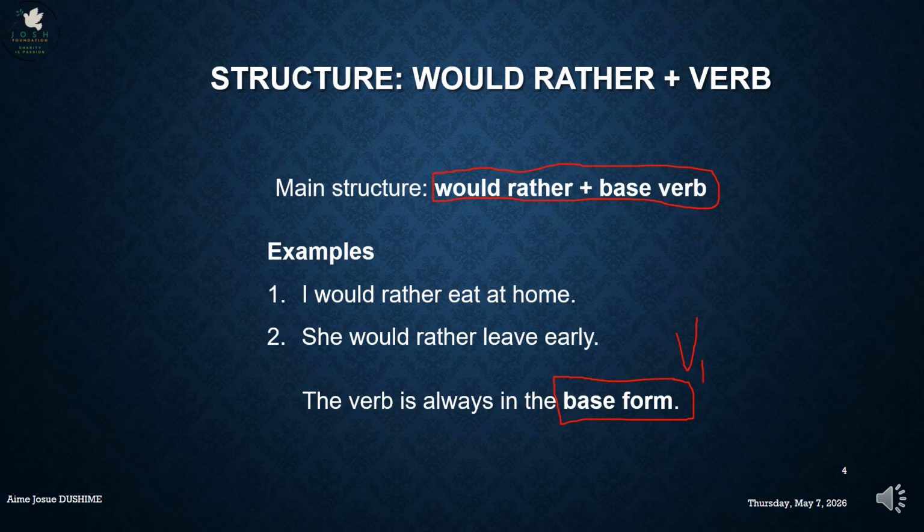Like you see here, eat, live. And when we have she, please don't add s. We only add s in present simple with the verb to be only. That's the case where we add s.